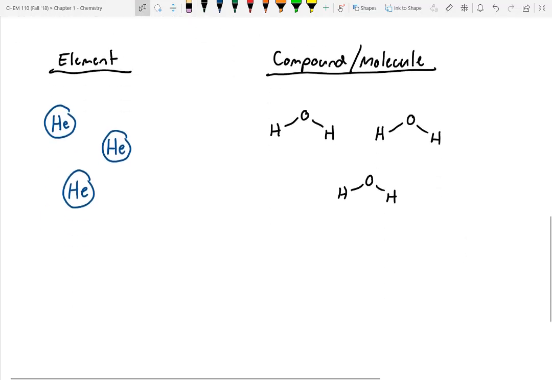But the key difference here between an element and a compound is a compound always has a fixed ratio of bonded atoms, not individual atoms. So in this example, we always have two hydrogens for every one oxygen. If we change that ratio, like we talked about yesterday, and we add in a second oxygen, we'd be making hydrogen peroxide. We have to be very careful with the ratio. In addition, it's really, really hard to rip apart these bonds, so they don't do that very readily.